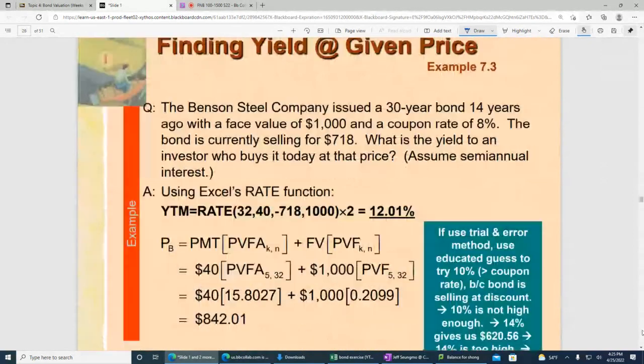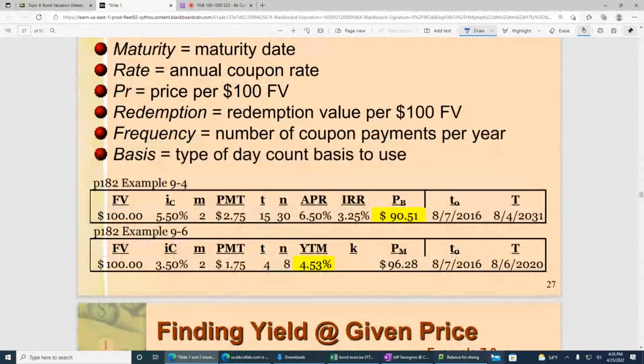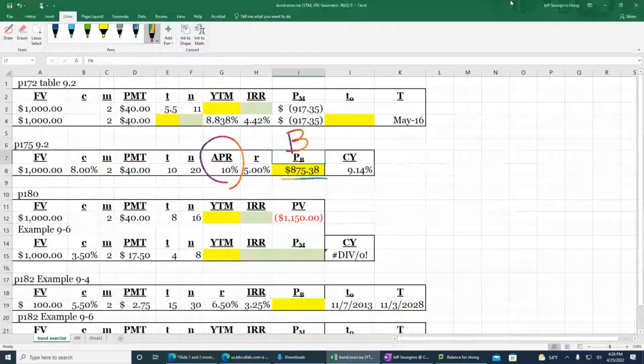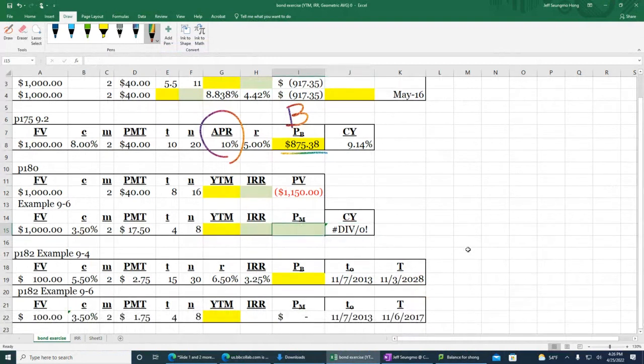So we talked about yield, and I'm going to show you how you can find yield. So let's go to this Excel file again, and here's our example.